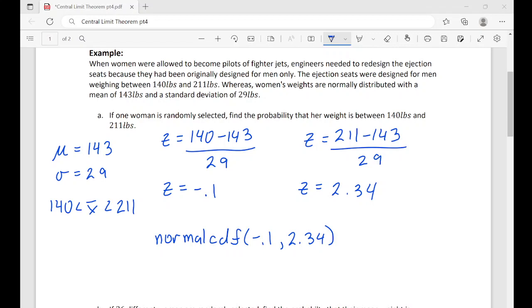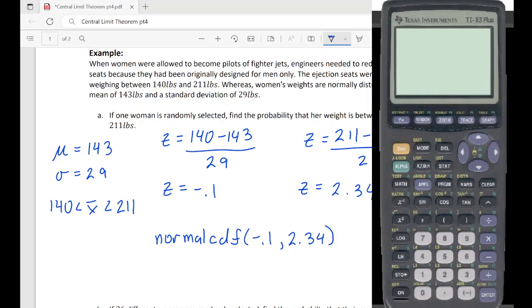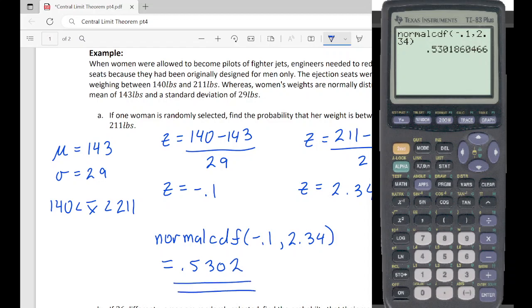So bring up our calculator, and then we're going to go to second vars, normal CDF, and so negative 0.1, comma 2.34, which will give us 0.5302. So the probability of selecting an individual woman randomly and having her weight be between 140 and 211 pounds is 0.5302.